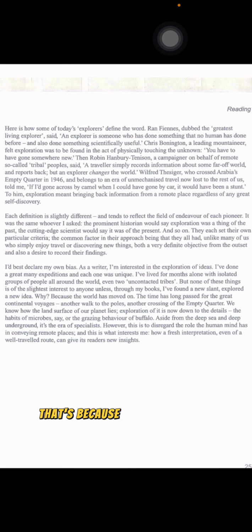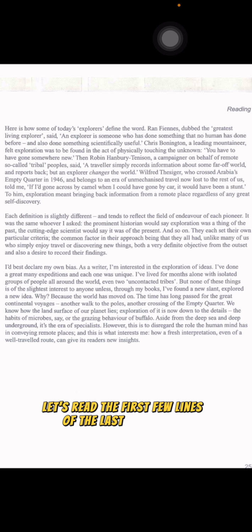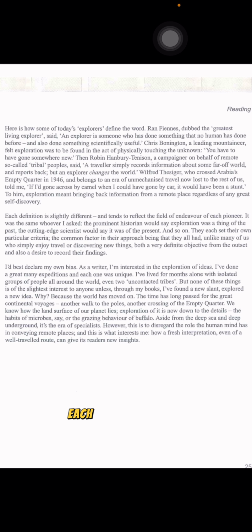That's because the writer says, let's read the first few lines of the last paragraph. I'm interested in exploration of ideas. I've done a great many expeditions. Each one was unique. I've lived for months alone with isolated groups of people. But none of these things is of the slightest interest to anyone unless through my books I found a new slant, explored a new idea. Why? Because the world has moved on.